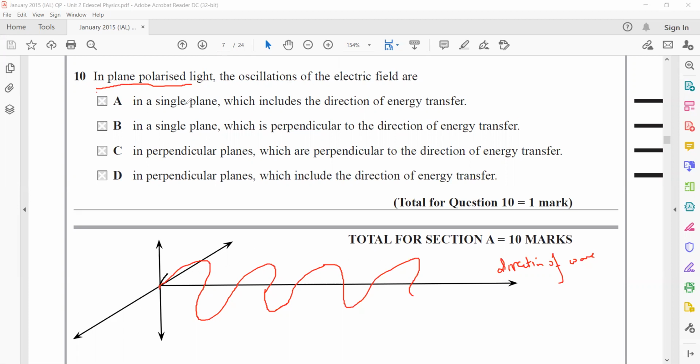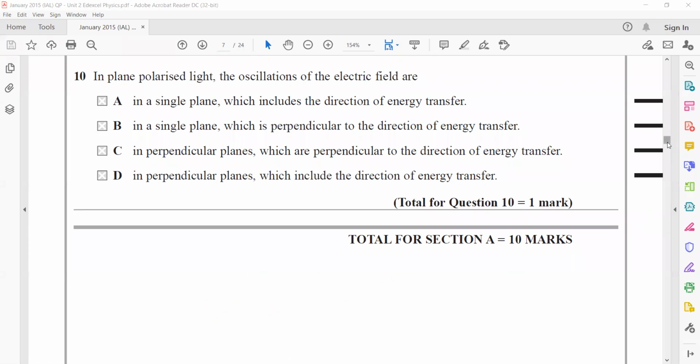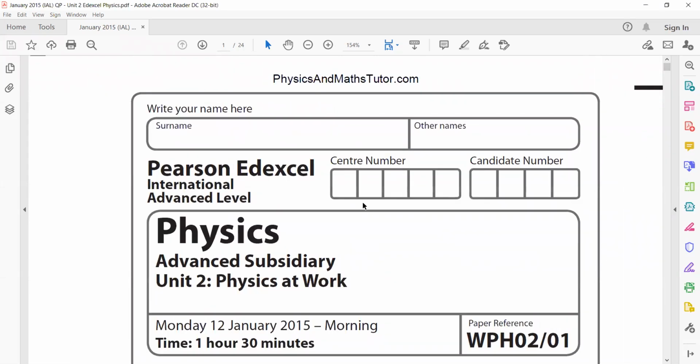So that's why A is the right answer, because the question is not only about polarized light, they're asking about plane polarized light: the oscillation of the electric field is in a single plane, which includes the direction of energy transfer. So this was unit 2 from January 2015.